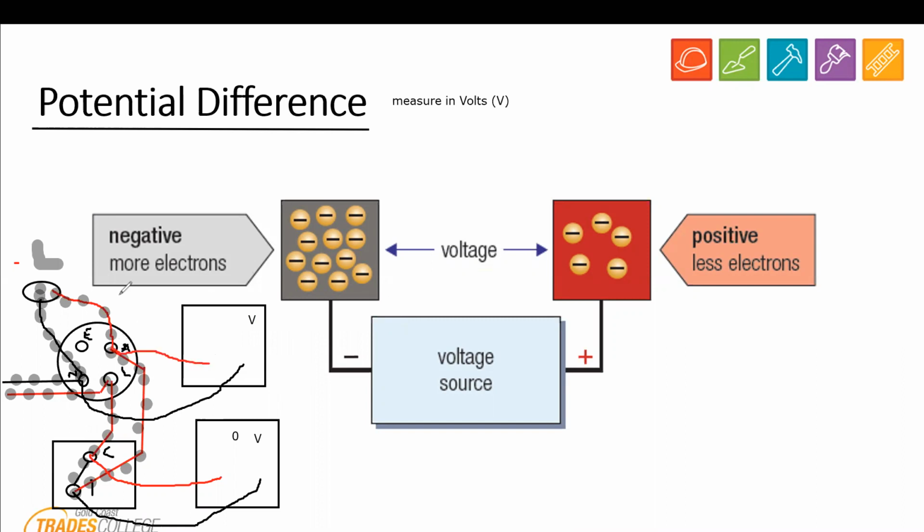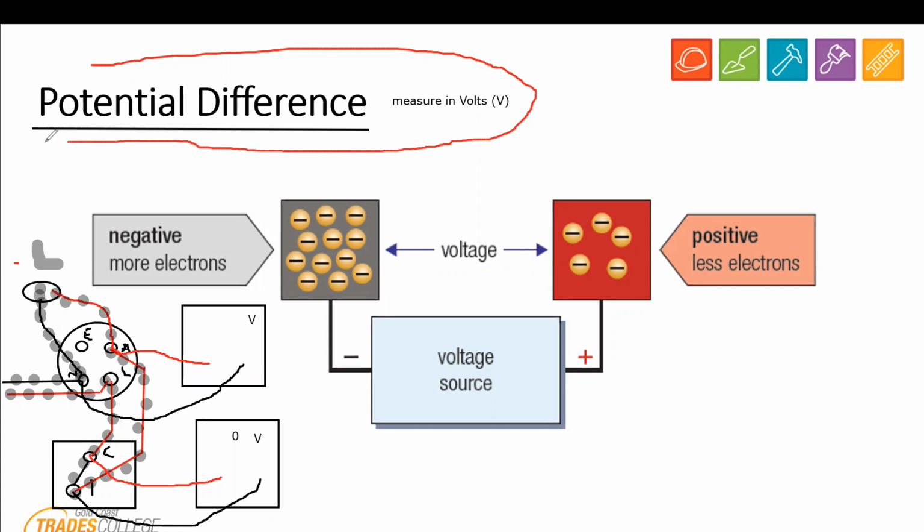Okay, now because this is the important part at the top, we want to look at a potential difference, in electrons from one point to the other. Now, the tester at the bottom is measuring, look at the electrons flowing through.